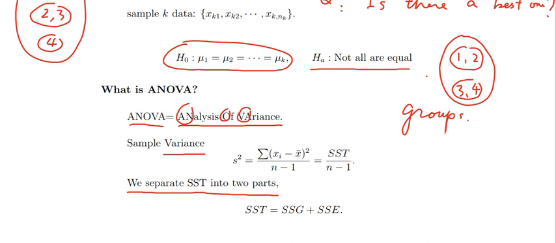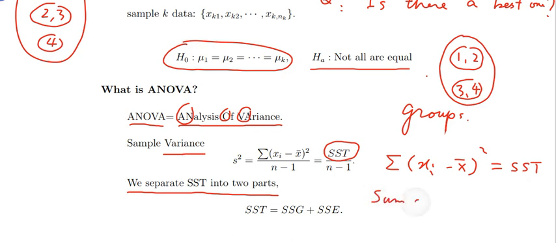And we denote this numerator as SST. So SST is just equal to the summation of xi, those data, minus x bar squared. So we call this SST. And SST stands for sum of squares of total. Okay, SST.